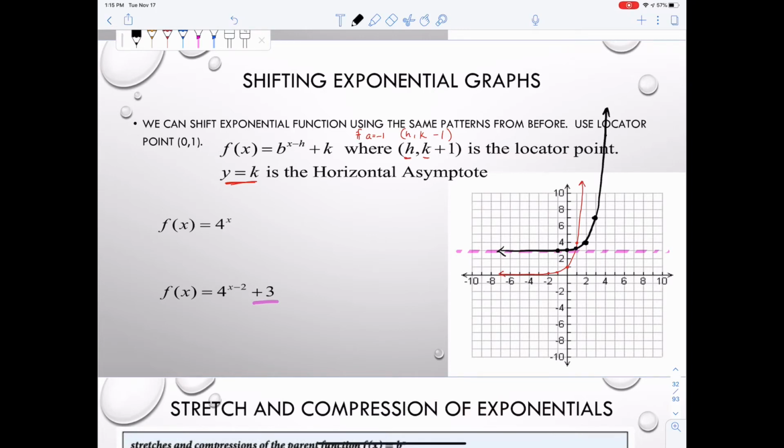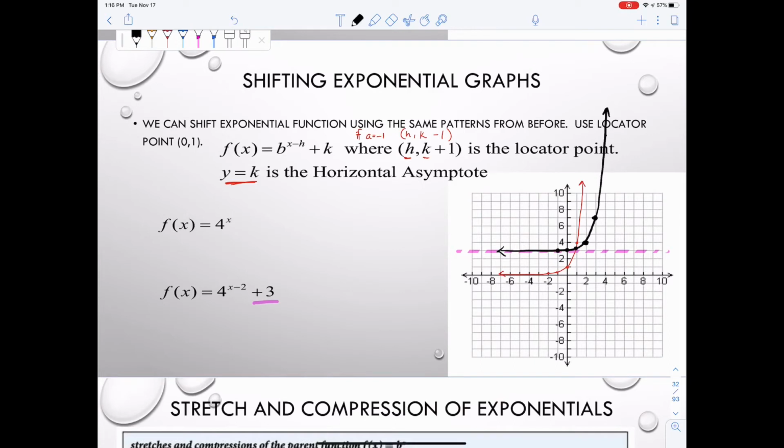Okay. Now, I'm going to talk about some of the stretches and compressions in the graph and what things are causing different behaviors to occur within the graph. As I mentioned before, anything more than b to the x minus h plus k in terms of graph shifting is probably not your best route.